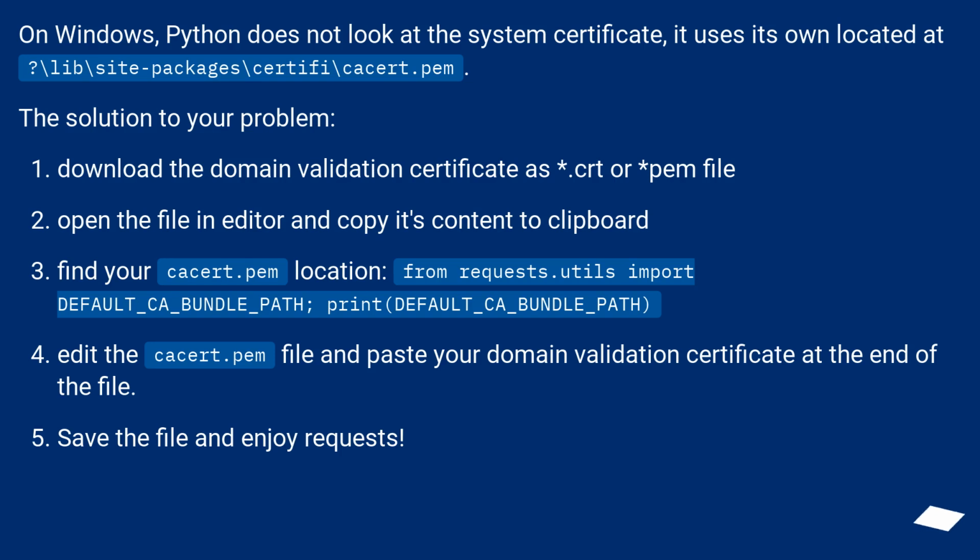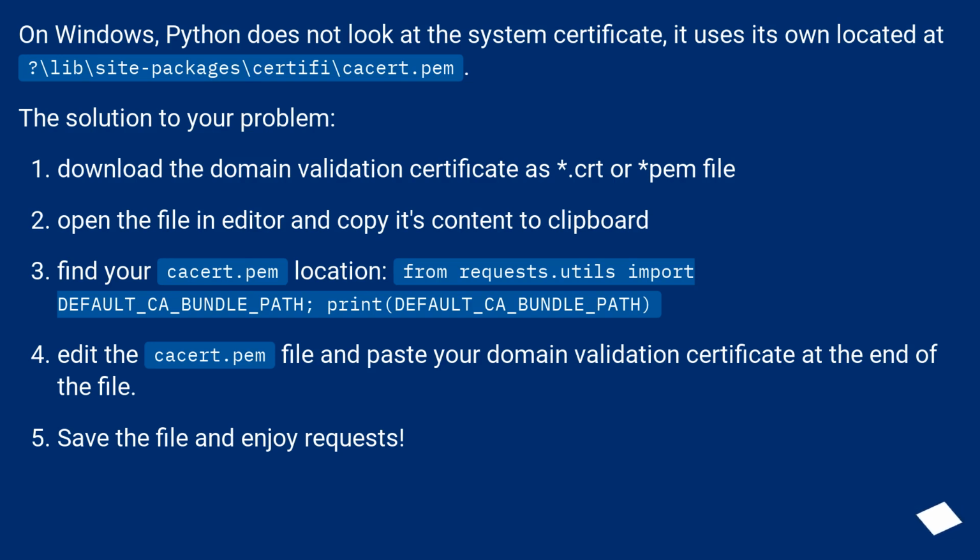On Windows, Python does not look at the system certificate, it uses its own located at lib/site-packages/certifi/cacert.pem. The solution to your problem: download the domain validation certificate as CRT or PEM file. Open the file in an editor and copy its content to the clipboard.